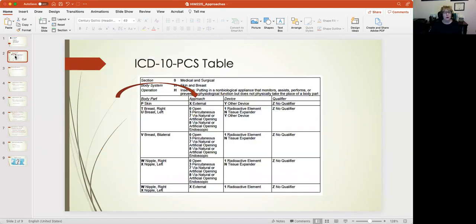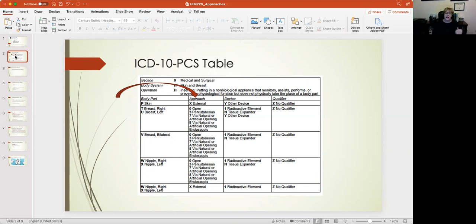All right, so just to remind you, the approach is identified in the 5th character position. In the 1st character position, you have the section identified. Med surg is a 0, obstetrics is a 1, for example.